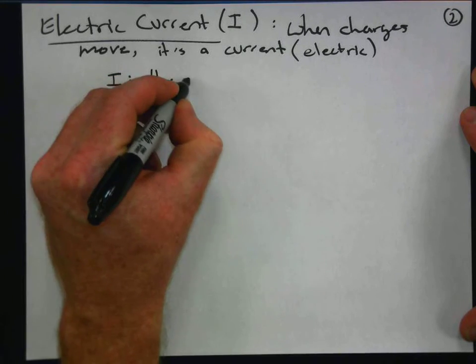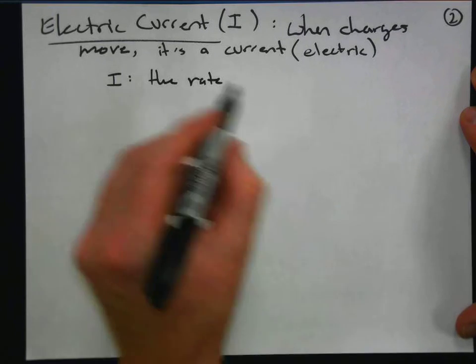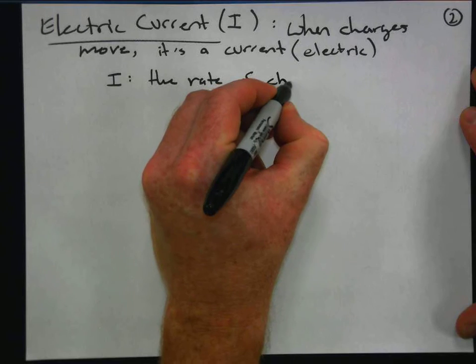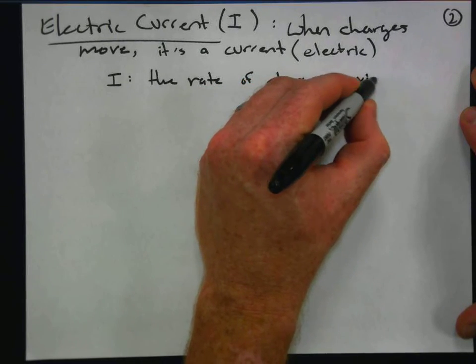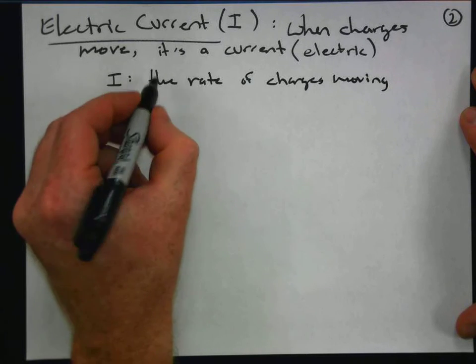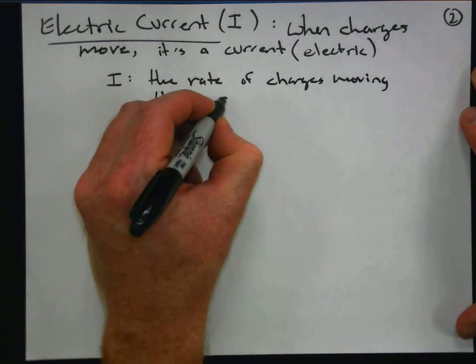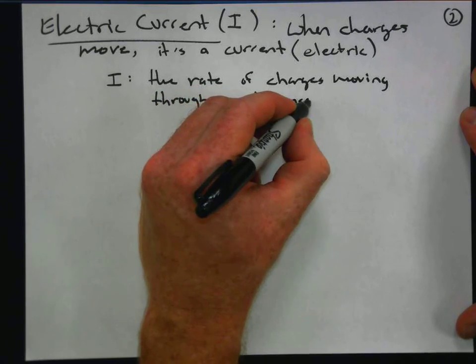Now, strictly speaking, what current is is the rate. That's an important word in science. The rate of charges moving through something, through a substance. This is one way to define it.